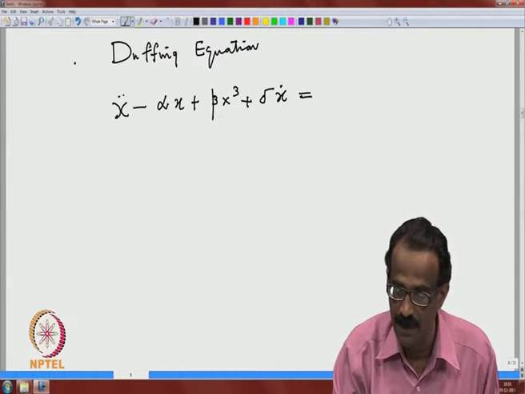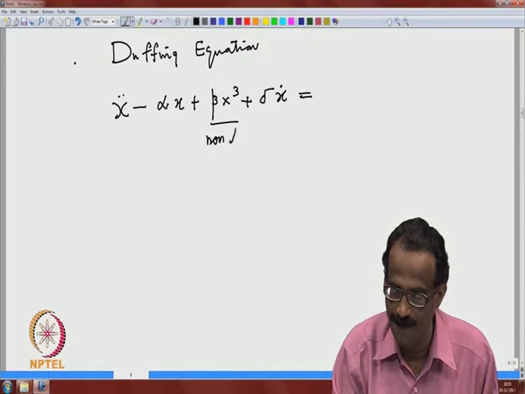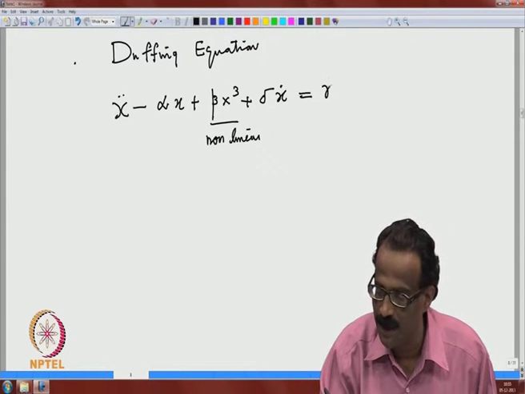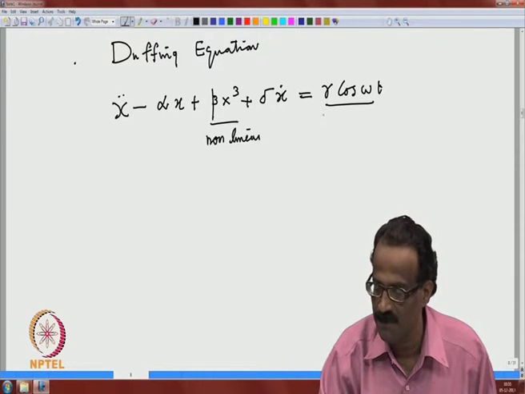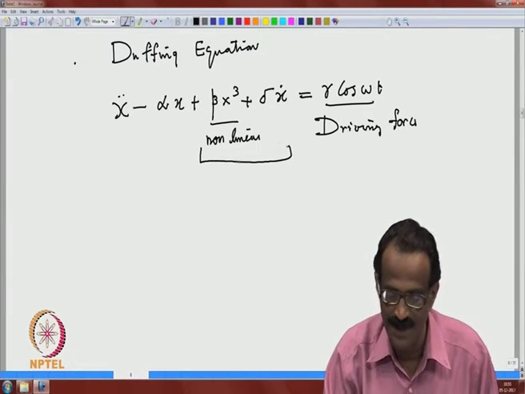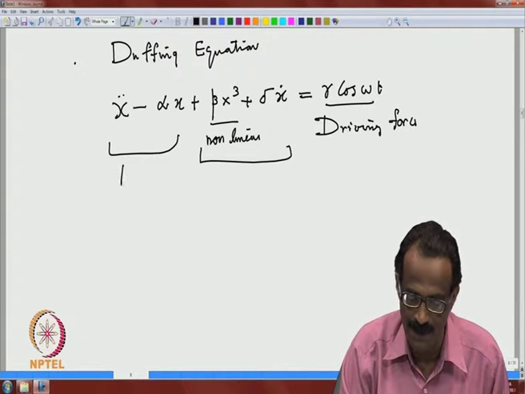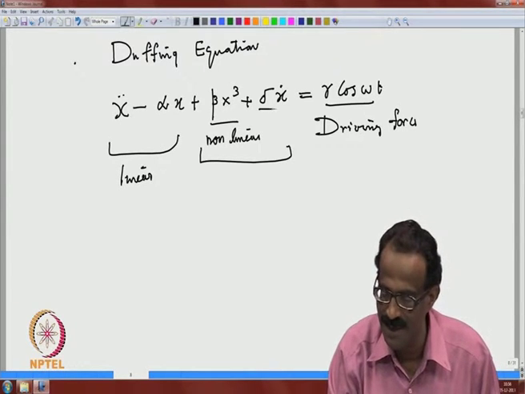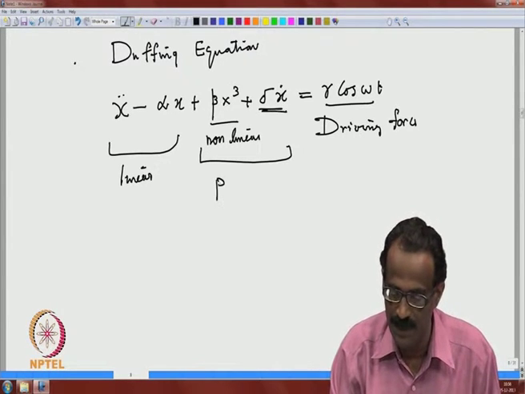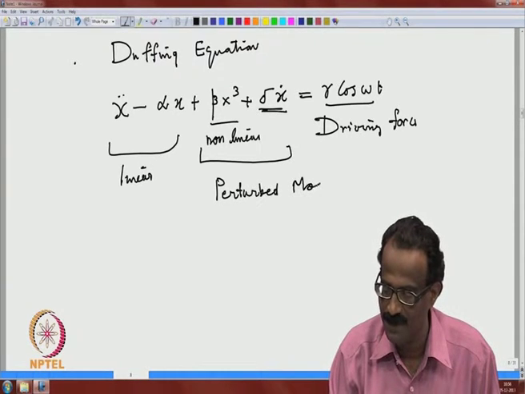This is non-linear because of the cubic term. Of course, if beta and delta are 0, this part is the linear part, the simple linear oscillator. So you can think of it as a perturbed model of the linear one.